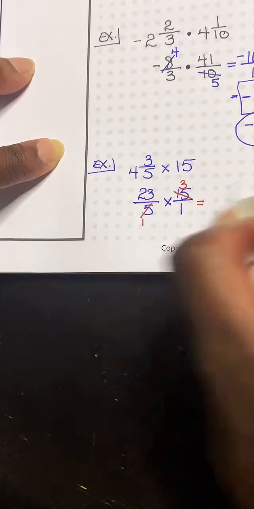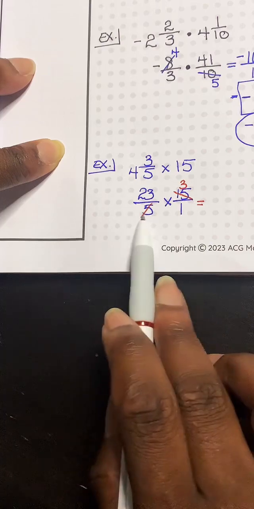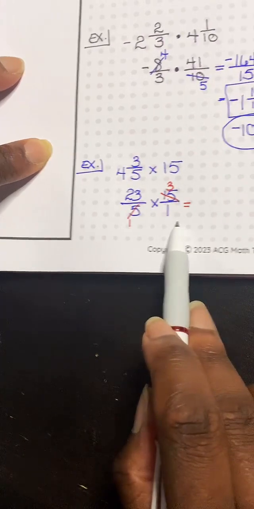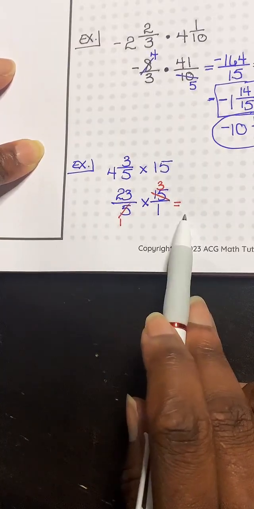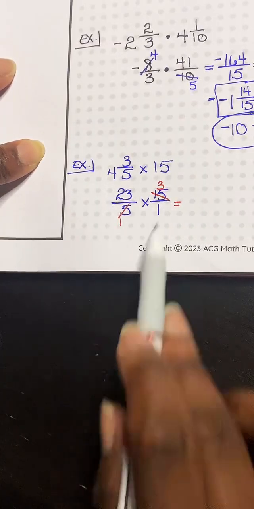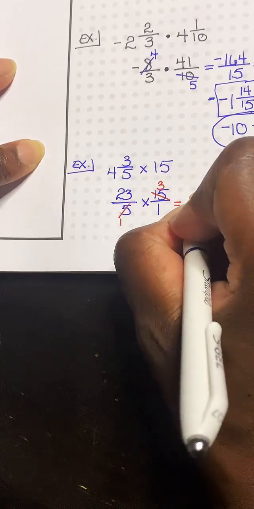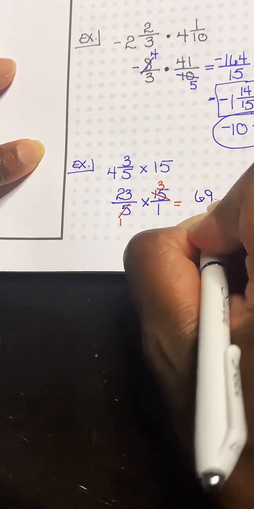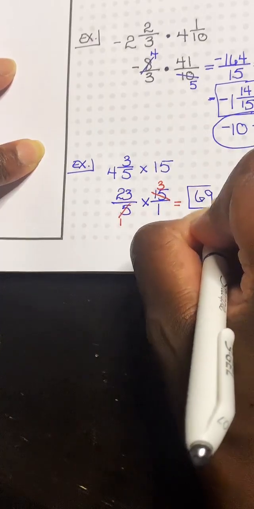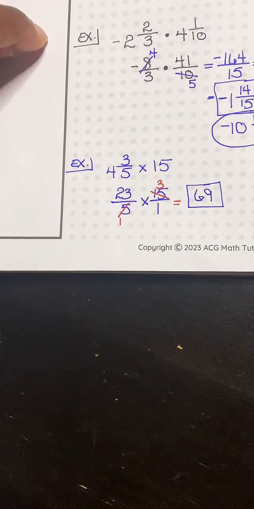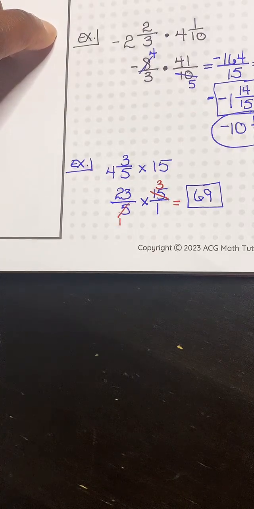And then all we have to do is multiply straight across horizontally. Looks like my denominator is going to be a 1, so I'm not going to worry too much about it. But here I'm going to look at the numerators, and that gives you your 69. So it could be 69 over 1, which is simplified to 69. Nice job, everyone.